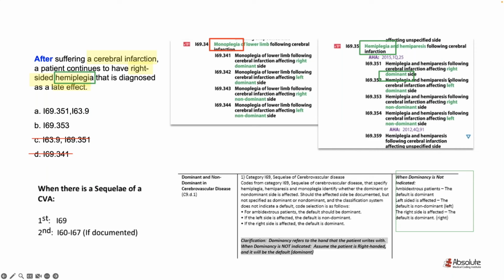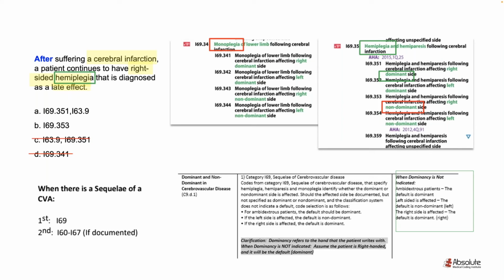So yeah, we can eliminate something on sight. And if you look at I69.351 and 353, one is coding for dominant side and the other for non-dominant side. We don't know what handed this person is. Thank goodness this is a multiple choice scenario because we don't know which side they are, but they do have dominancy and they do have some condition, some late effect, and we do have to code it.